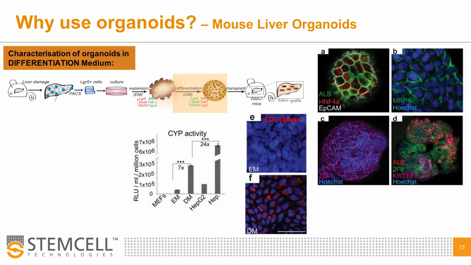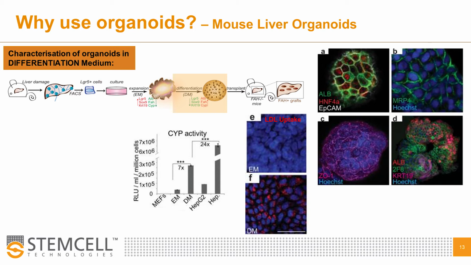To capture the detoxification properties of the cells, the authors then compared the enzymatic cytochrome P450 activity of organoids in expansion medium, EM, and differentiation medium, annotated as DM, to a negative control, MEFs, and also a commonly used alternative to liver organoids, the transformed cell line HepG2, as well as primary hepatocytes as positive controls.